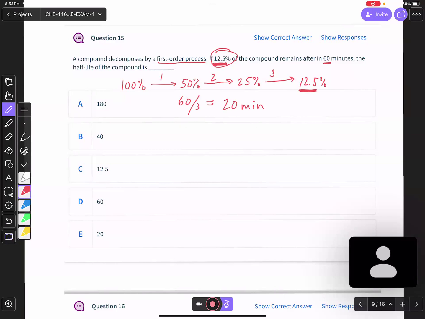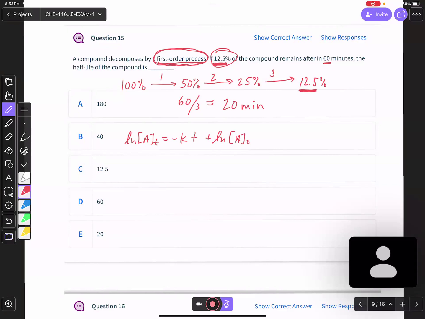We can only do that because 12.5 is a nice round half-life. If they told us 17%, or 37%, or 42%, some weird percentage that did not fall in a nice clean half-life, then we would have to do a calculation. And that calculation would look like, we know this is a first order process, so natural log of concentration at time t equals negative k t plus the natural log of concentration at time 0.